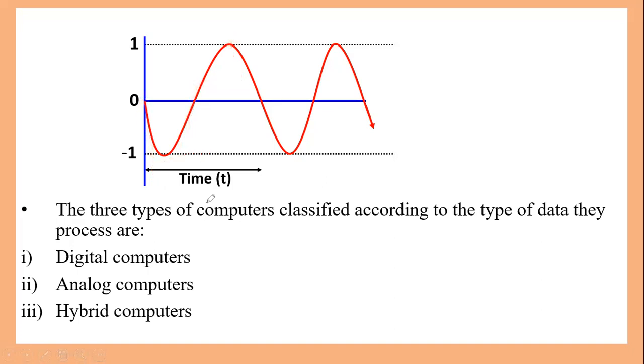And therefore, the wave for analog data is continuous. Therefore, the three types of computers classified according to the type of data they process are digital computers, analog computers, and hybrid computers.